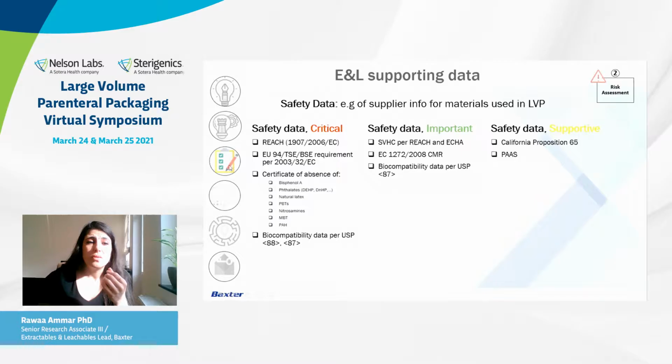It's also important to have the substance of very high concern data sheet, the CMR compliance for EC 1272, and other perhaps biocompatibility data concerning USP <87>. Sometimes it can also be supportive to have the California Proposition 65 or the PAHs.